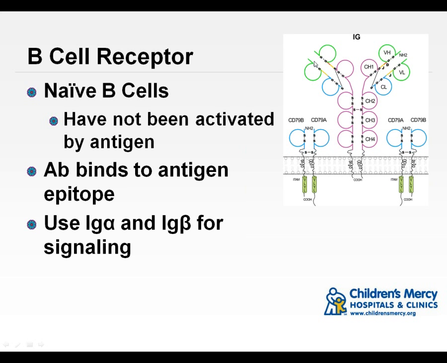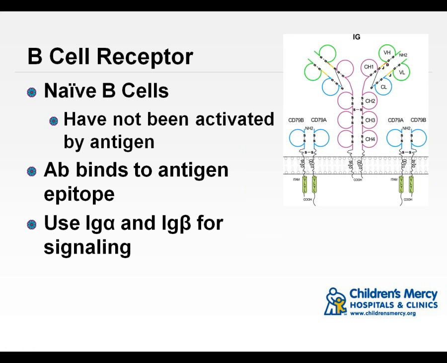If you look at this drawing, here's the cell wall. There's not a big tail into the cell, so it can't send a signal very well, but it relies on two things called Ig alpha and Ig beta. Other names are CD79A and CD79B.